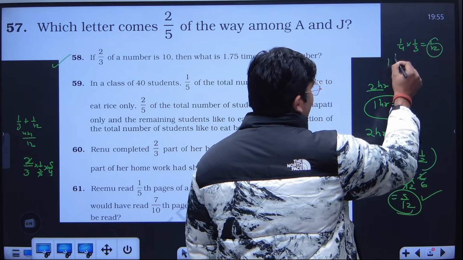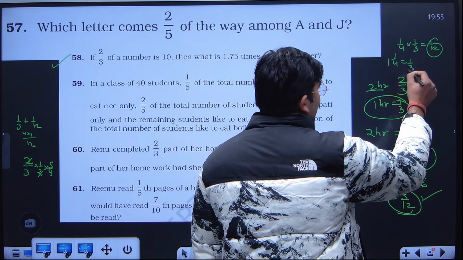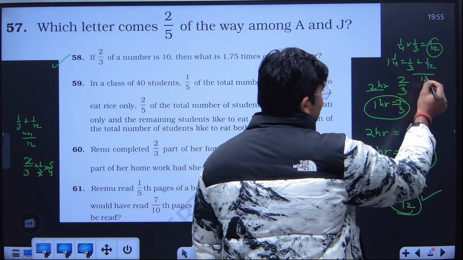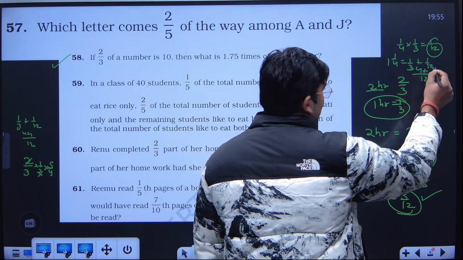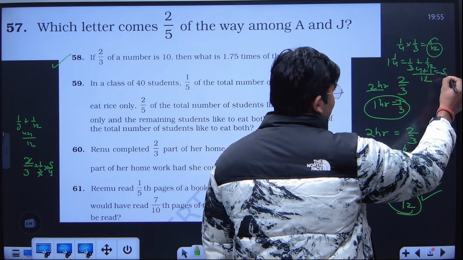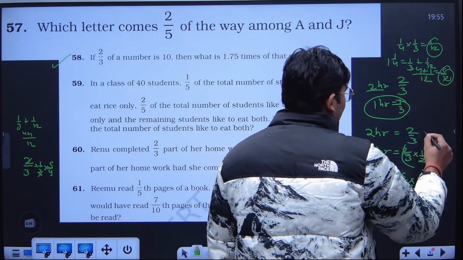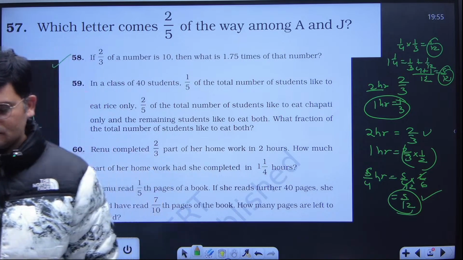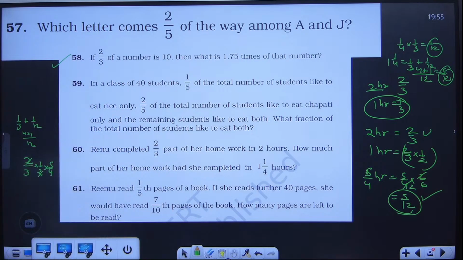So 1 by 4 means 1 hour means 1 by 3 plus 1 by 12. If you add them you will get the LCM as 12. 3 into 4, 12 into 1. So 4 plus 1 which is 5 by 12. So you can get the answer in both the manners. Understood? Yes. Okay. Do the next question.